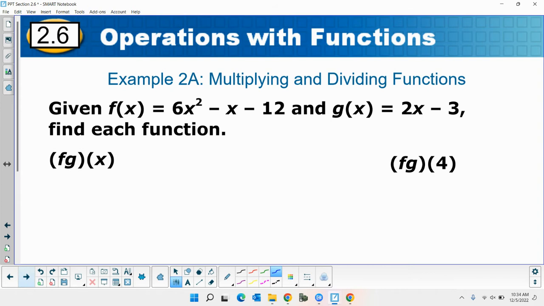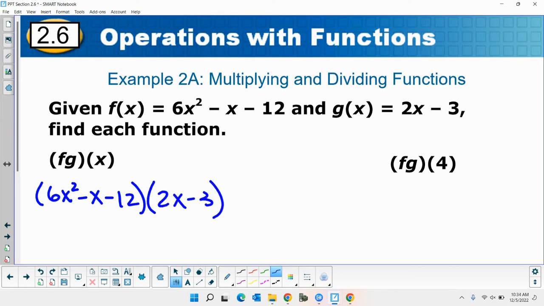That means I'm going to go 6x squared minus 1x minus 12 times 2x minus 3. So I have to distribute those two, which is 12x cubed, add the exponents, minus 18x squared.